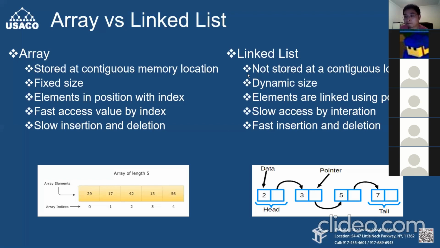Think about that. You visit several friends who want to play together. Array means all your friends are living next to each other. You go to the first friend, then the next friend, then the next friend. They're living next to each other. That's an array.